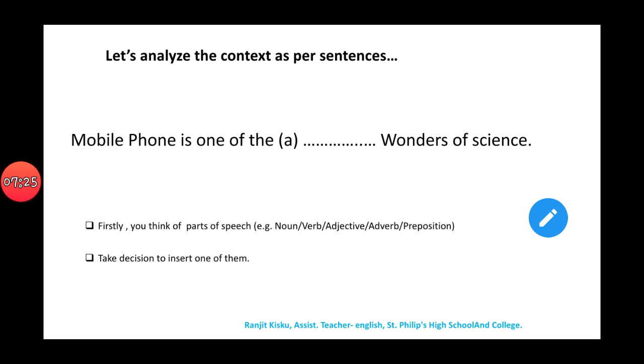Then take the decision to insert one of them. Among these five you have to insert one. So take your decision wisely. Then think of the logical accuracy of the inserted word in the blank. After placing parts in the gap, you must think of their logical accuracy.